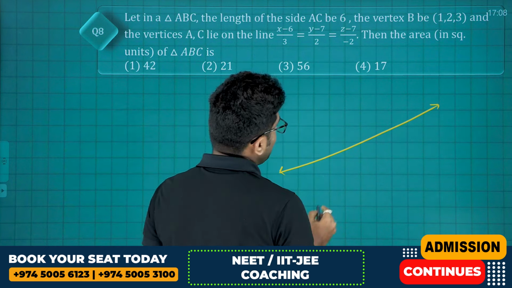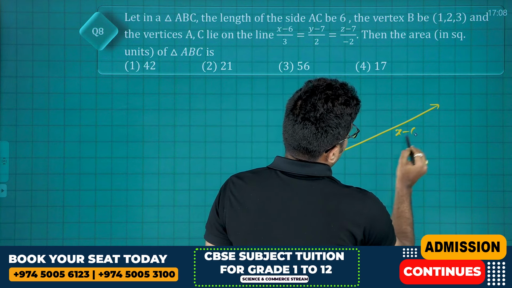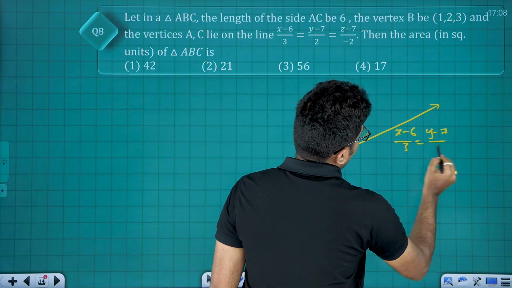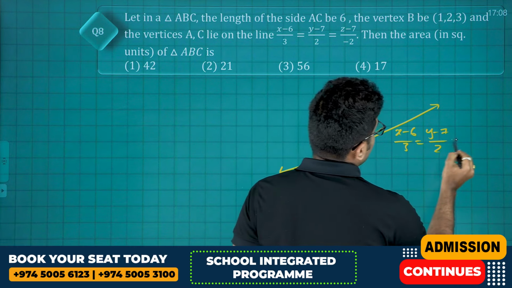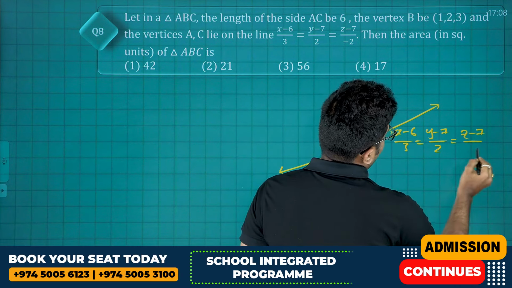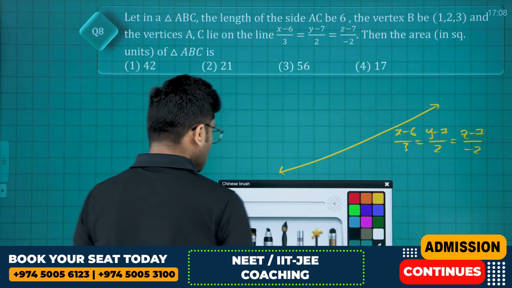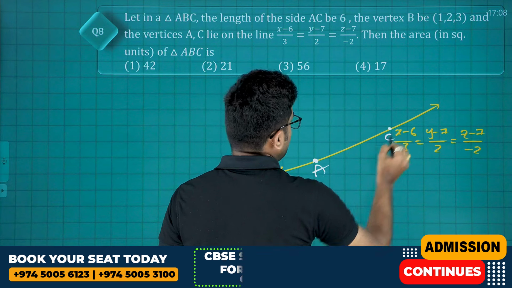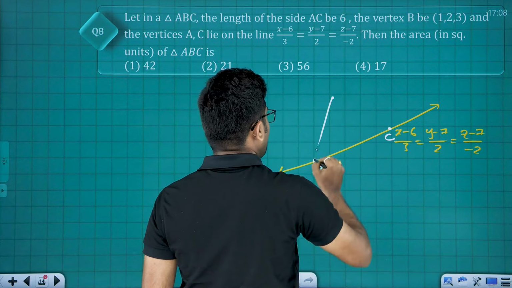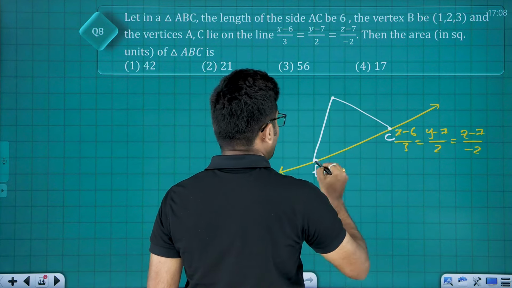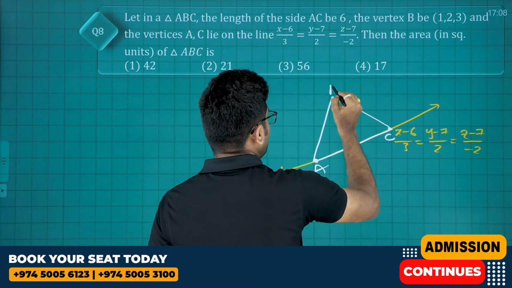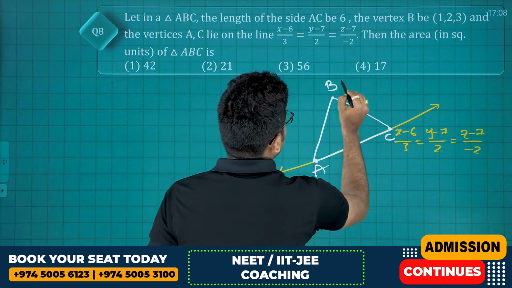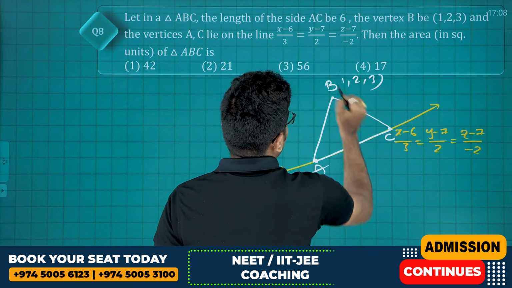Now this line is (x minus 6) by 3 is equal to (y minus 7) by 2 is equal to (z minus 7) by minus 2. We'll take vertices A and C on this and B somewhere here. We have got one triangle ABC. Point B is also given, which is (1, 2, 3).